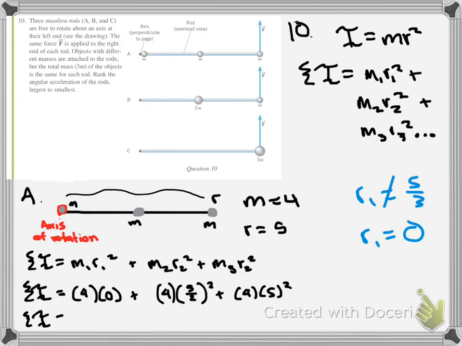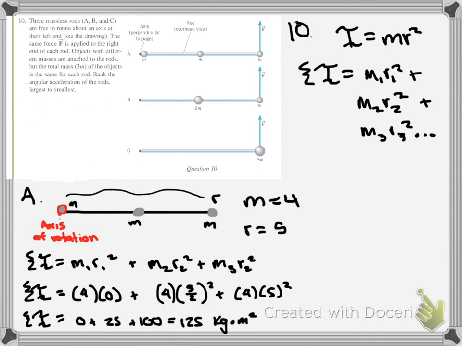So the correct equation is m1 times r1 squared plus m2 times r2 squared plus m3 times r3 squared. Sorry for the confusion. So now just solve. You get that, and then your final answer is 125 kilograms times meter squared for rod A.